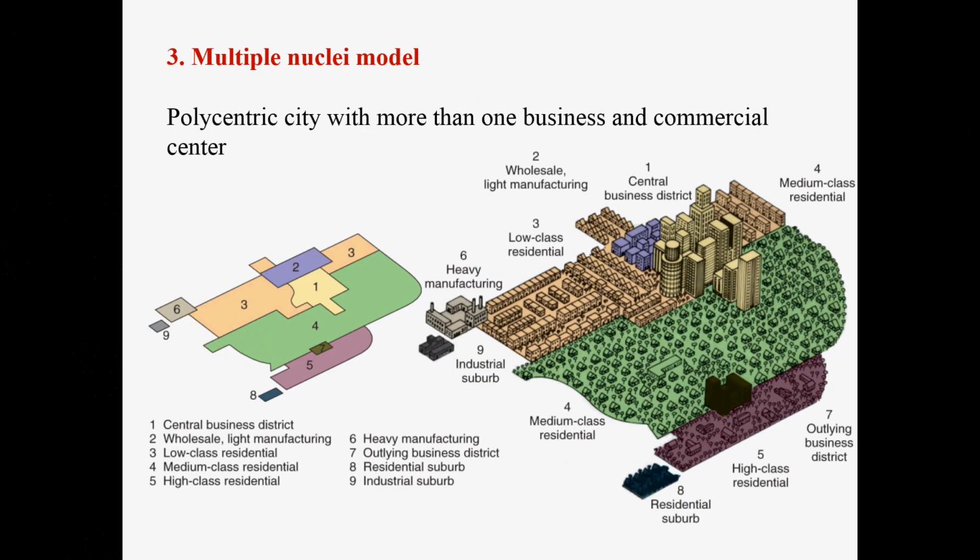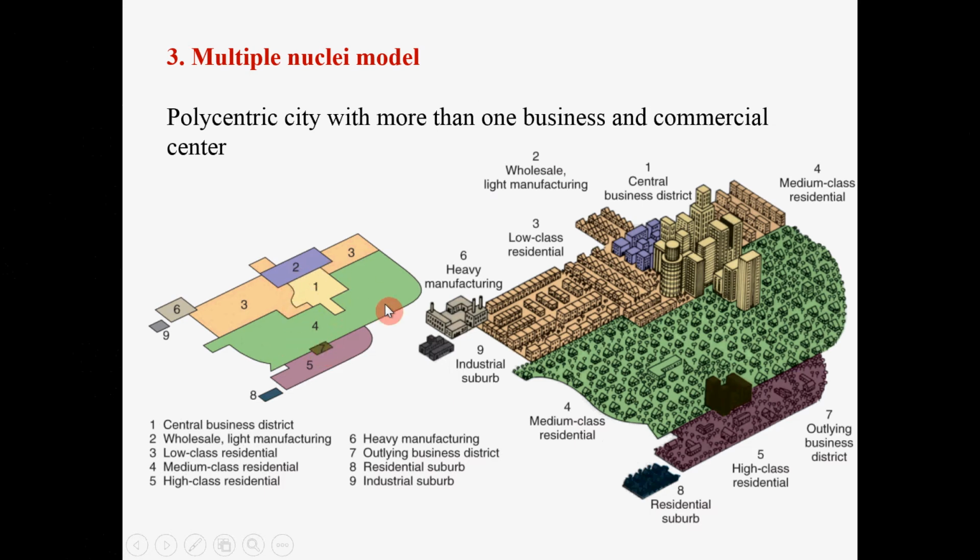Then you have two urban geographers who looked at American cities. They proposed the multi-nuclei model, which says that within a city you not only have one central business district, you have more than one business center, not just within the CBD, but also separate business centers.